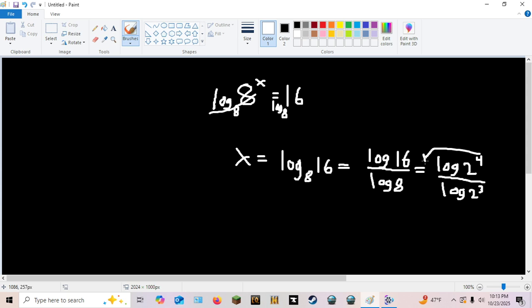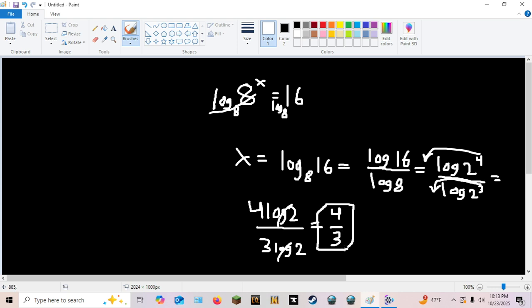Now remember, we can move those exponents to the front, giving us 4 log 2 over 3 log 2. If you look closely, log 2 divided by log 2 equals 1. So giving us 4/3 times 1, which equals 4/3. So that means x is 4/3.